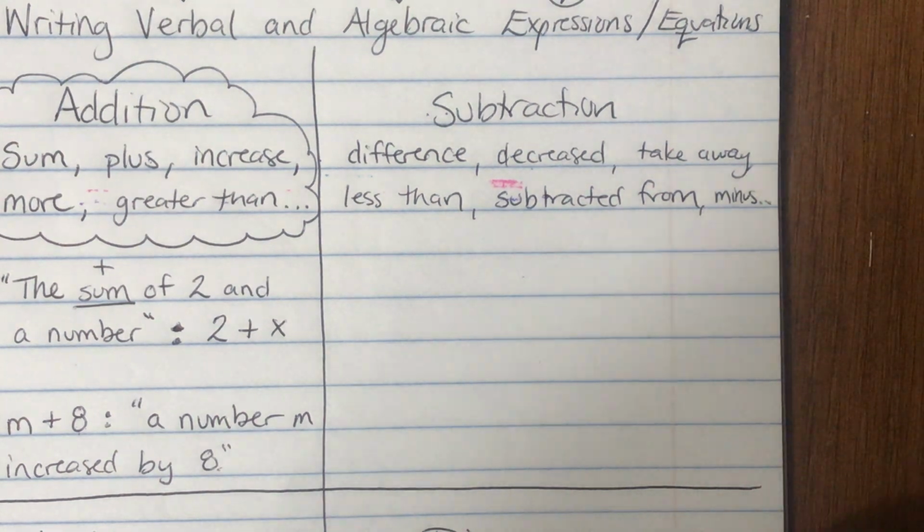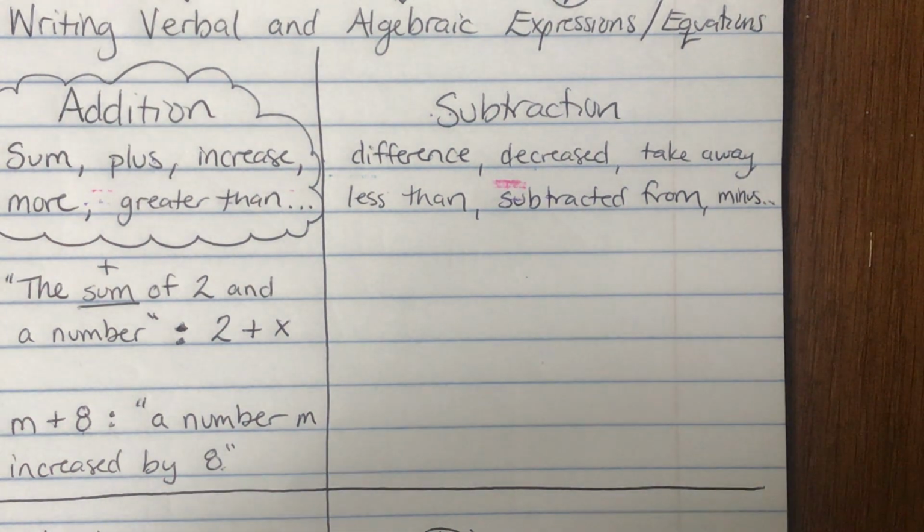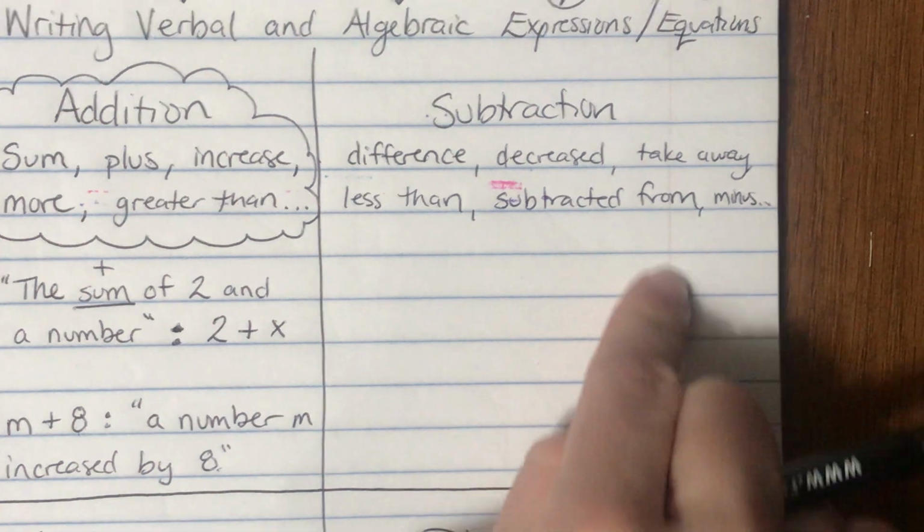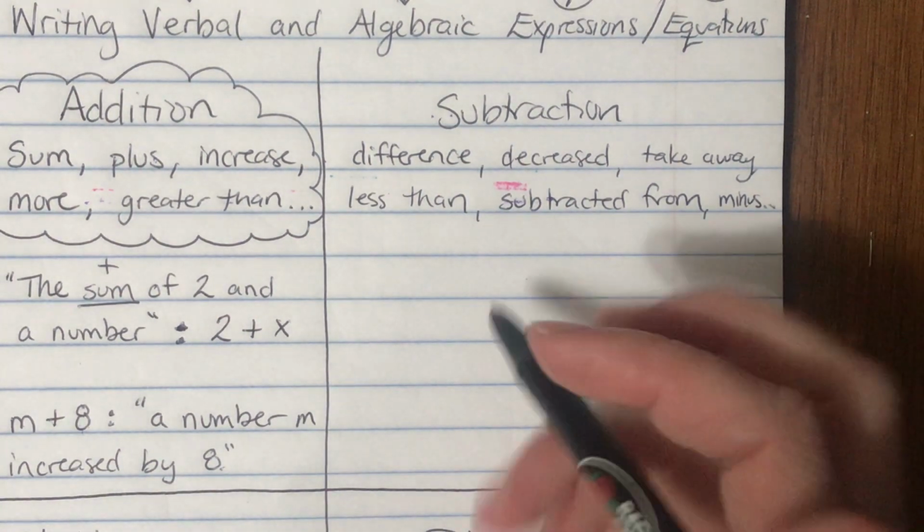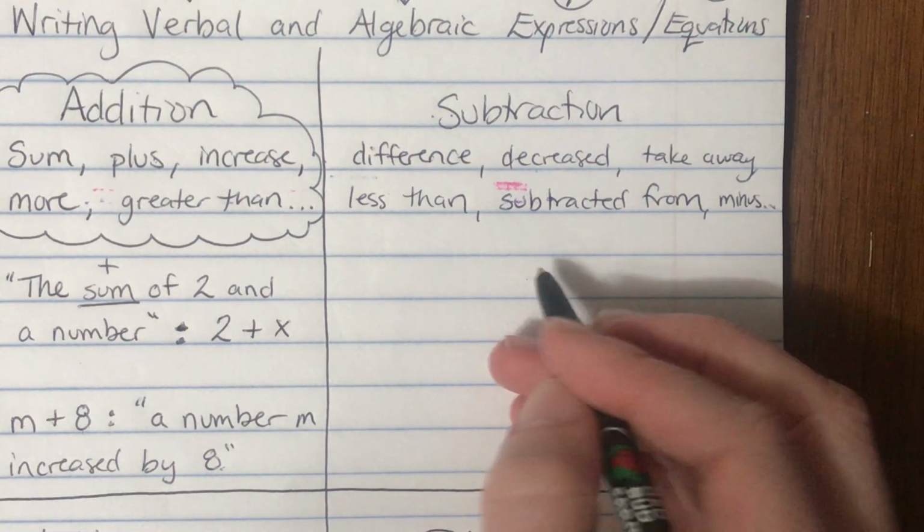So lots of different words. Fewer would be another one. We could come up with lots of words that would mean subtraction. But again, these are going to be sort of the ones that you are focused on.